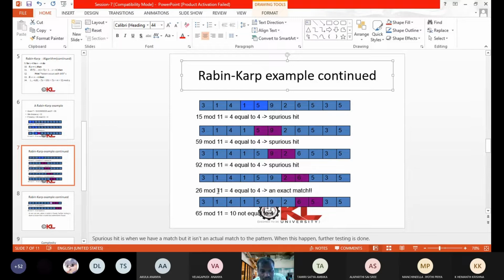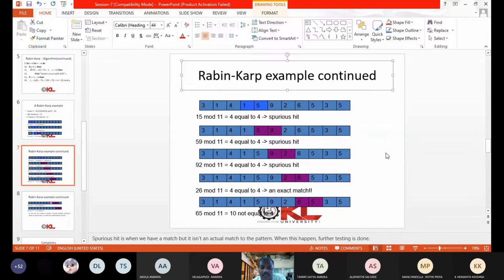When you move forward, 26 mod 11 is 4, which is equal to our pattern 26. Now the actual match is found. So this position is returned by the algorithm. Here an exact match is found because 26 is found.